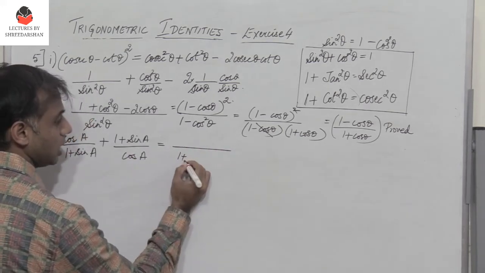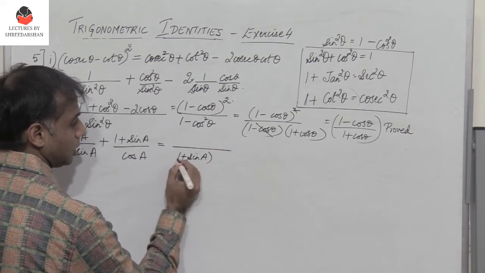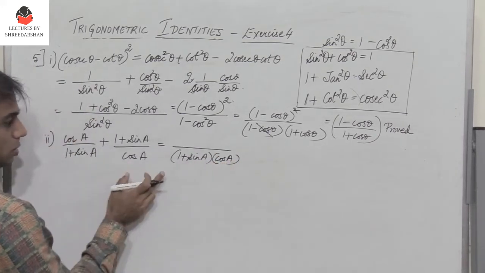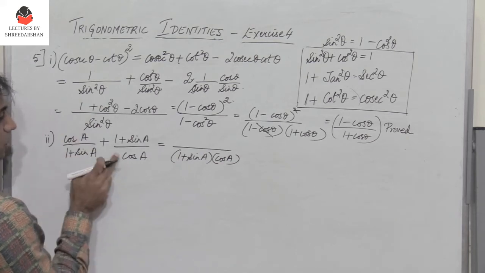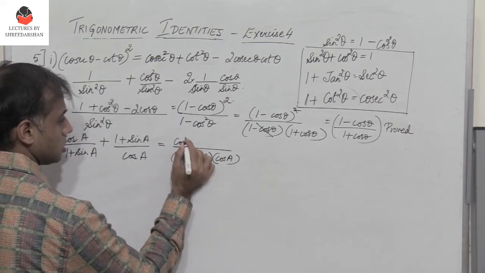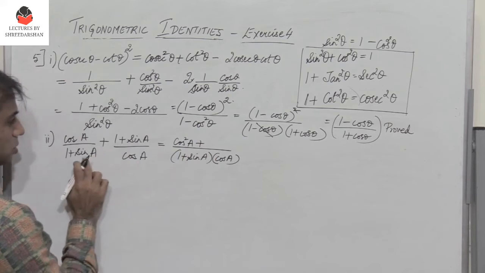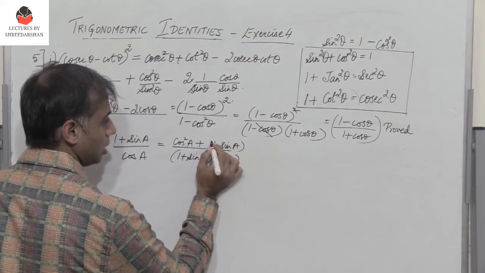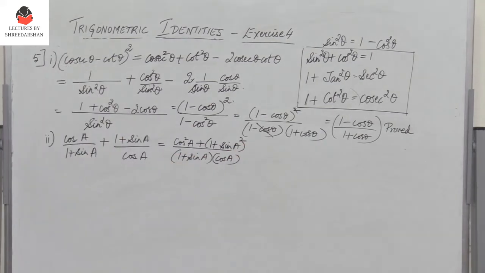So I have (1 plus sine A) into cos A. Now if I've taken the LCM, I need to multiply cos A with cos A, so I get cos square A plus, these two get multiplied, (1 plus sine A) the whole square. Now let me expand this.